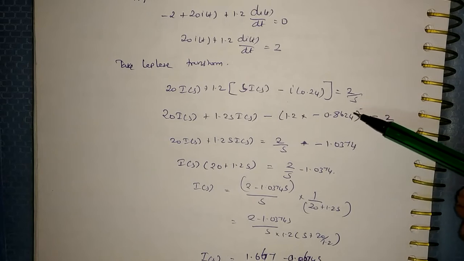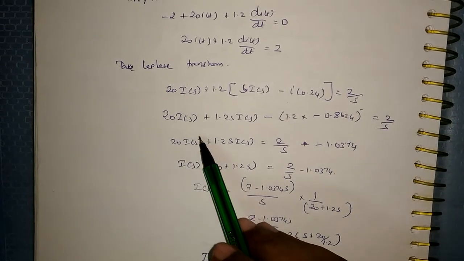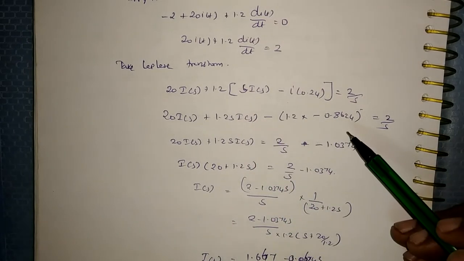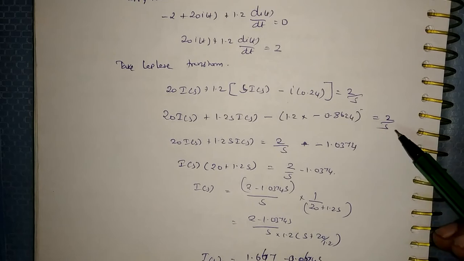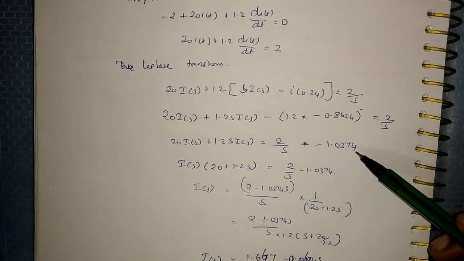Substitute the value of I at 0.24 in the equation, so I can write 20 I of s plus 1.2 s I of s minus 1.2 times 0.8624 equal to 2 by s. This can be written as 2 by s minus 1.0374.